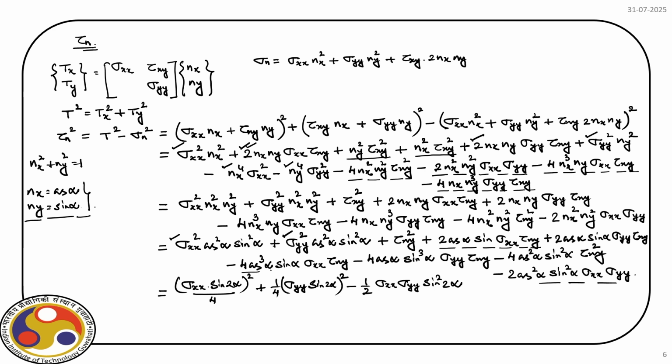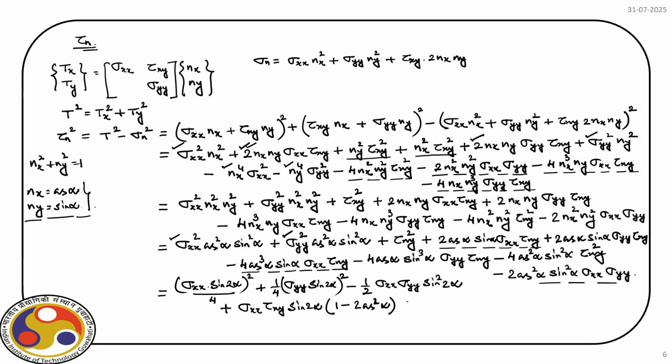Then we have this term, and here we have sigma xx tau xy, right. So, what we will do, plus sigma xx tau xy, and then we can further simplify. Actually, there will be alpha here. So, sine of 2 alpha, then within bracket 1 minus 2 cos square alpha, right.